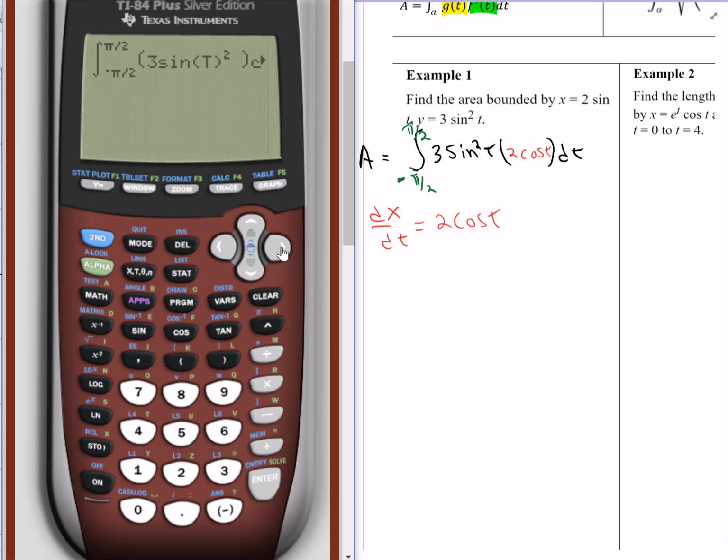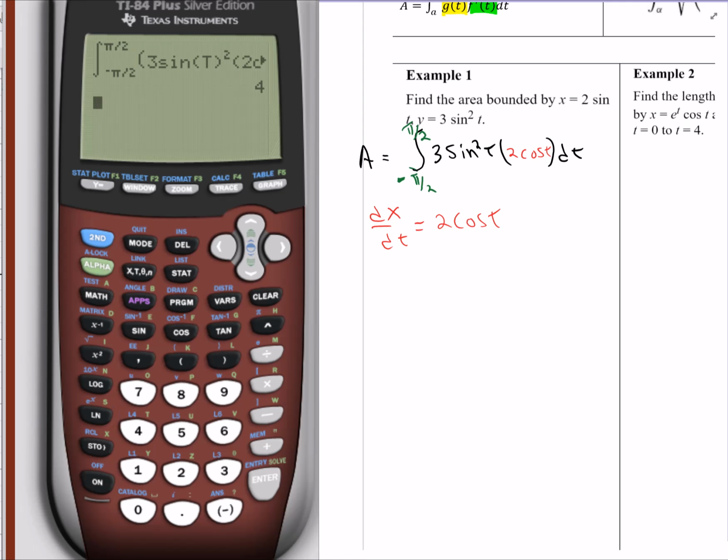That is going to square the whole thing, times 2 cosine t, close all the parentheses appropriately, I think that's where we need to be, dt, and when we do this, we're going to get an answer of 4. So the area beneath this curve is 4.